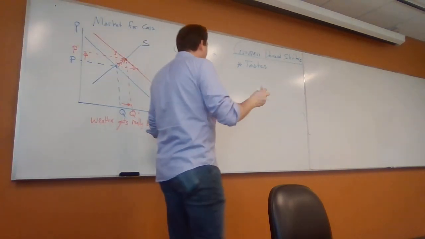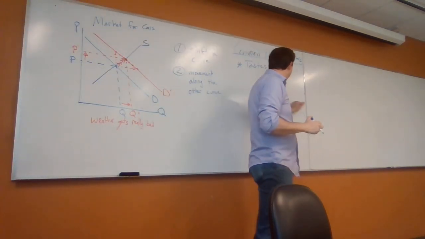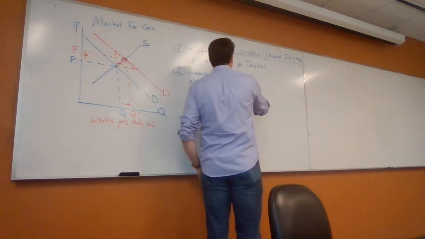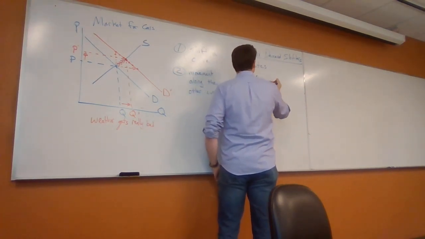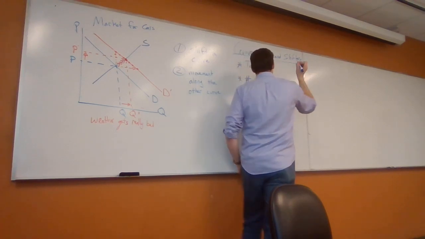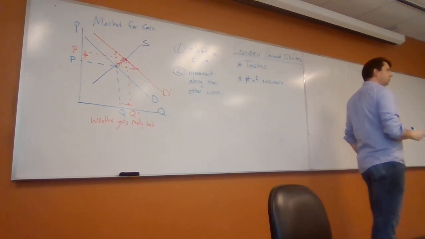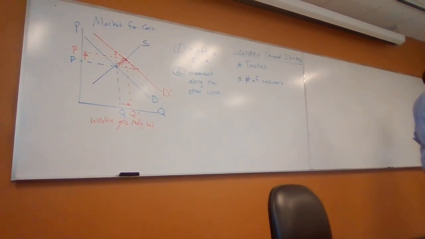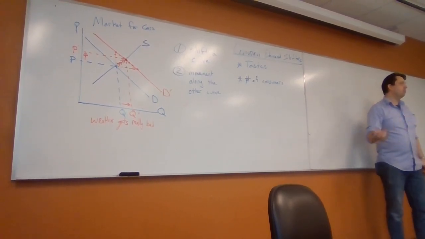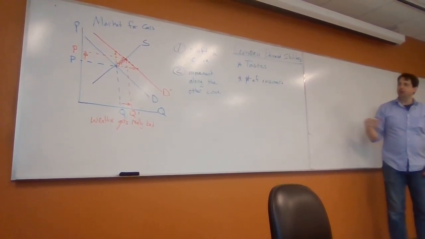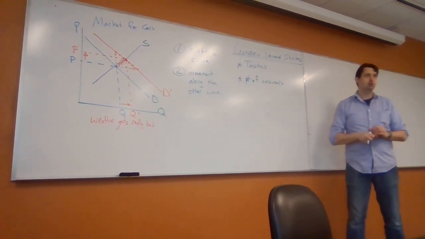But if we just say change in taste, that would be pretty boring. We can do other things that are interesting. One is the number of consumers. If there are more people in an economy, if there are more consumers of this particular good, then you're going to see the demand curve shift to the right.